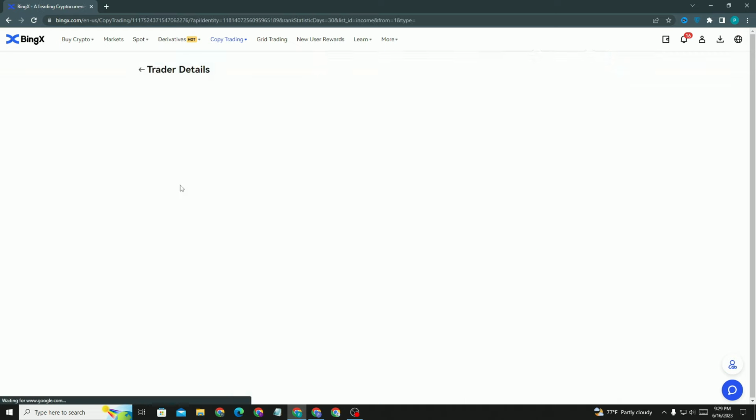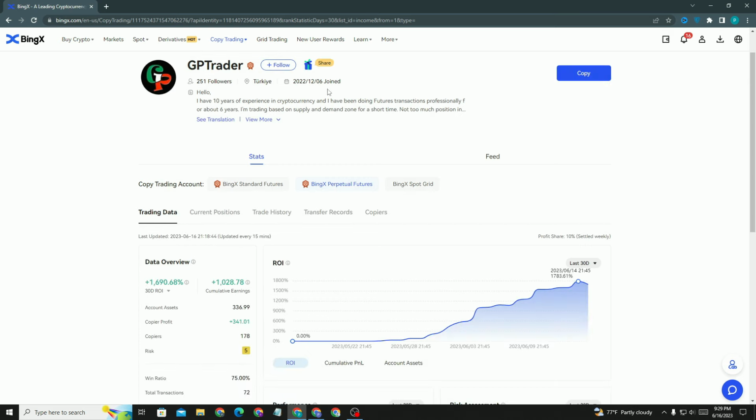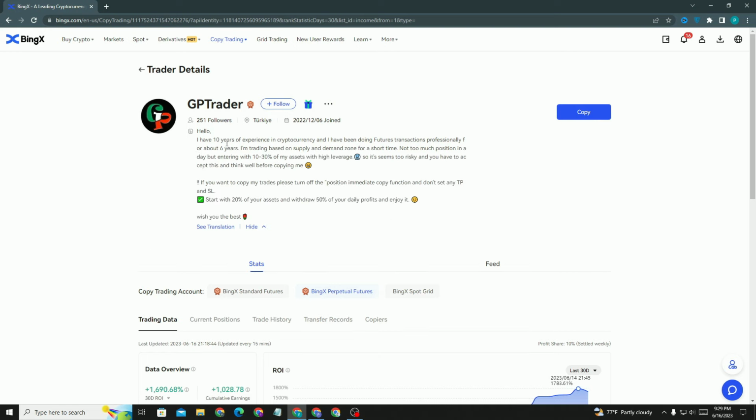Okay, so let's go for the GP traders, and here you can see his profile and his joining date also, December 2022 is when he joined. See the data overview: the profit increased by 1690% in the last 30 days.